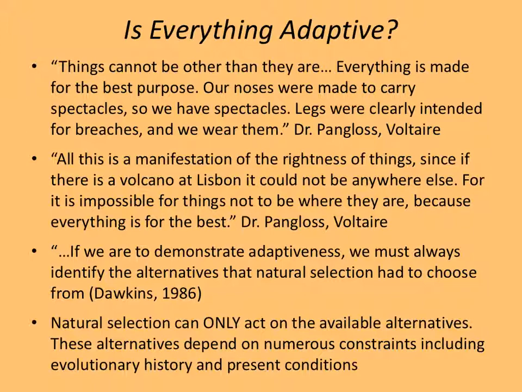So Voltaire, at that time, have you ever heard the expression, everything is for the best? Do you ever say that sometimes? Something happens and you say, oh, everything's for the best. You know, someone gets hit in a car wreck, oh, everything's for the best. A tsunami comes along, kills 300,000 people or more, everything's for the best.